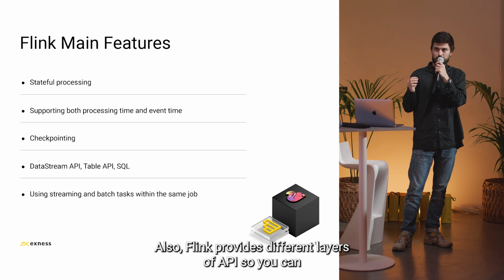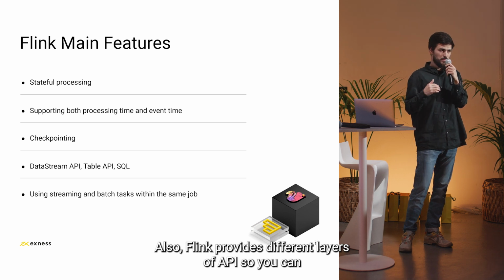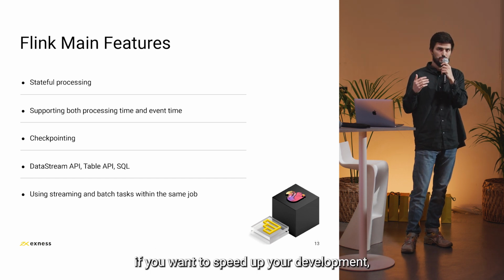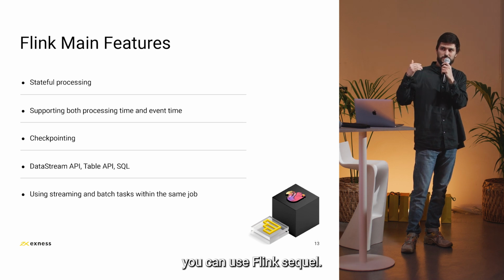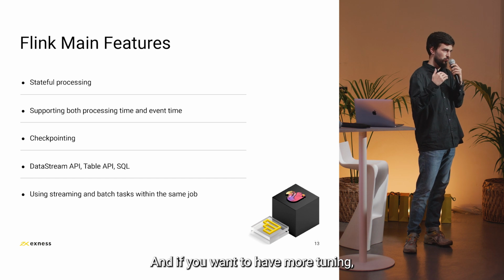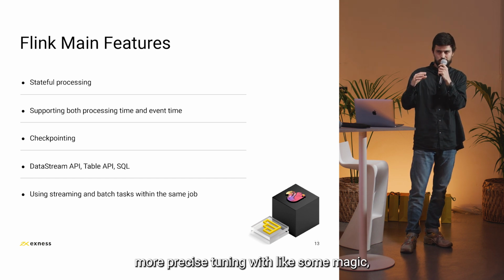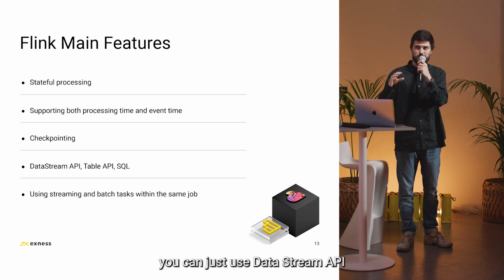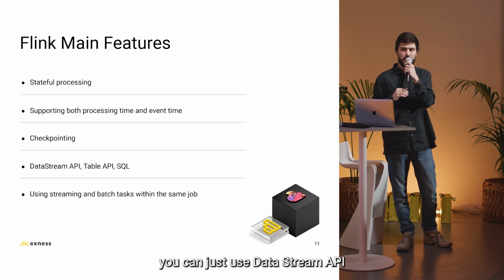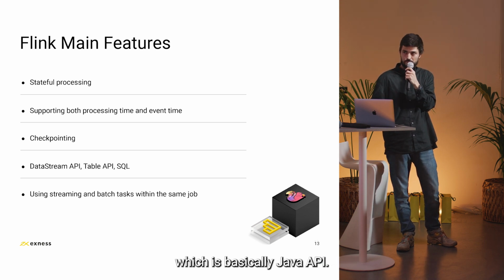Also, Flink provides different layers of API. If you want to speed up your development, you can use Flink SQL. And if you want more precise tuning, you can just use the DataStream API, which is basically the Java API.